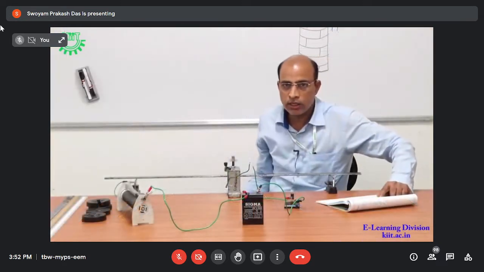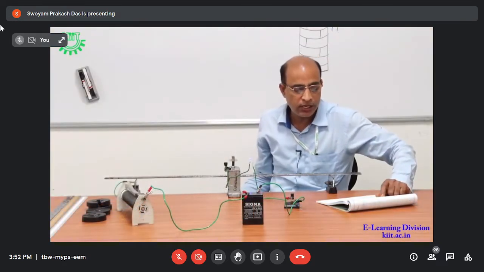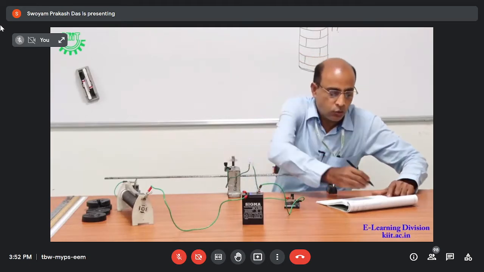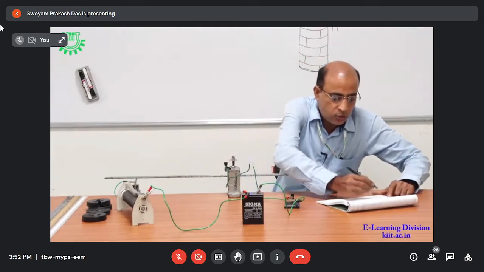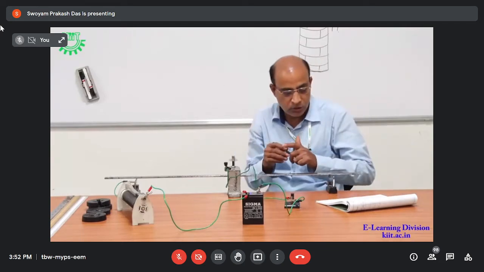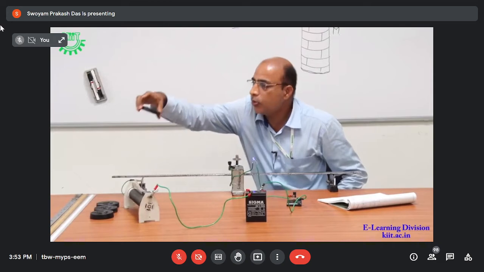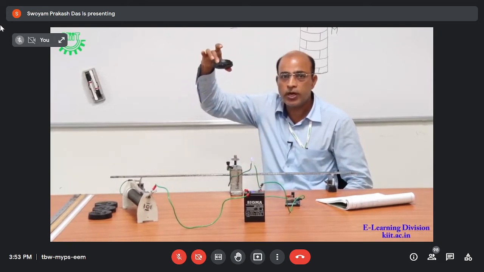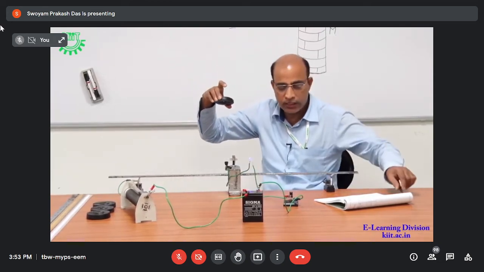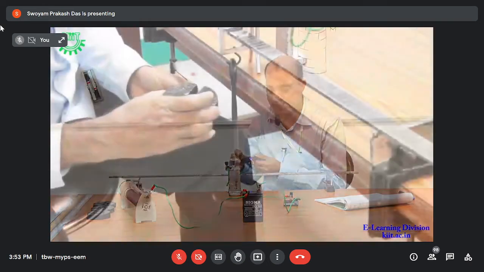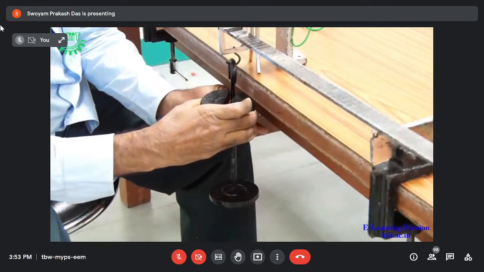Now this 31 becomes the initial for the next observation when the load will be 1000. So we will note down 31 as the initial of the next observation for 1000 gram. Now we will provide this load, this is 500 gram, slowly and gently, without any external force from our hand.